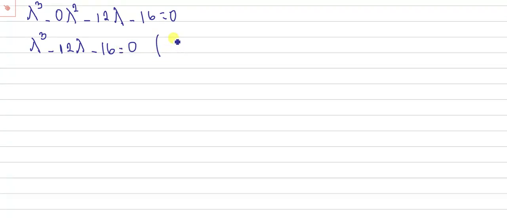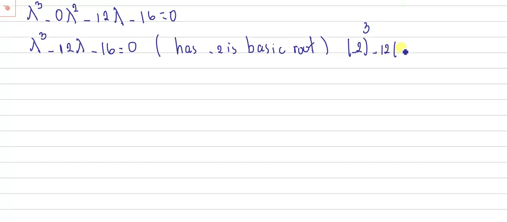But this one has a root: minus 2 is a basic root. Because when we use minus 2 to the power 3 plus 12, minus 2 minus 16, it is equal to 0. It's true.